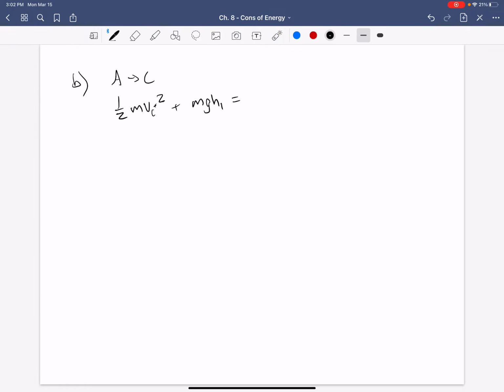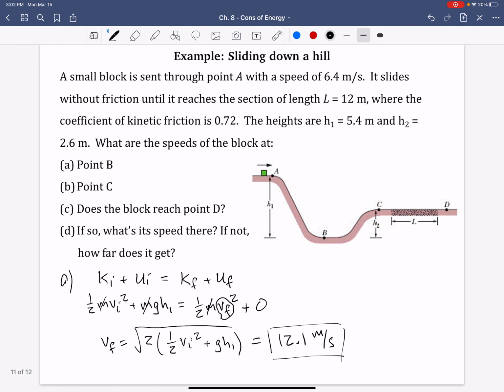So let's see. All right, so at C, we have some leftover kinetic energy, which I'll call final, plus mgh2, and nothing cancels out here, right? Again, I'm measuring from down there, so nothing cancels out.